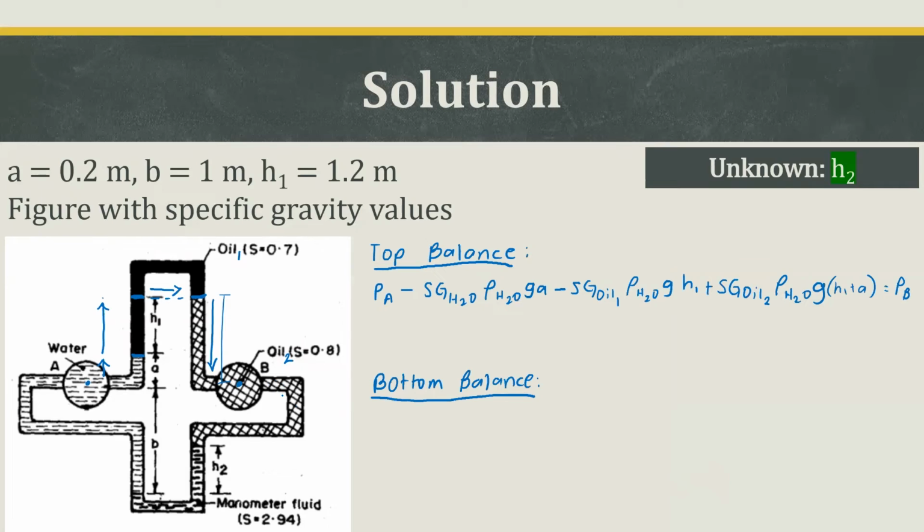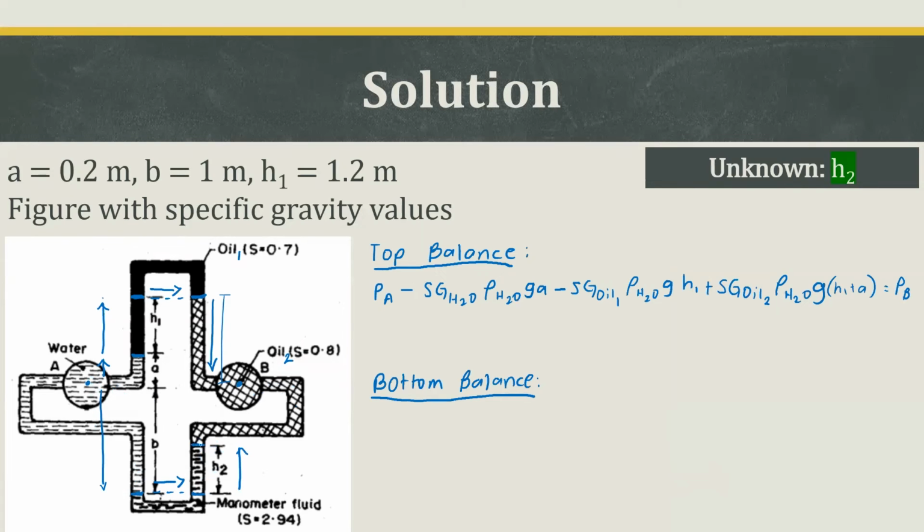Then the second one, we use the bottom half. So from point A, we go down to this point. And then using the concepts again, it's equal to the pressure at this point. Then now along this fluid, we go up.